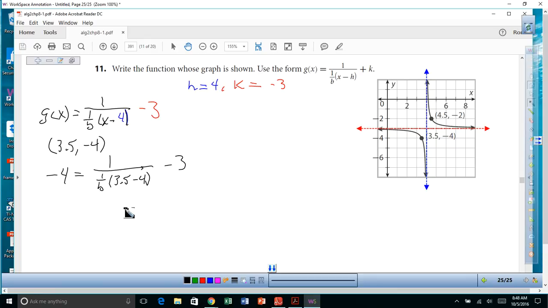Add 3 to both sides. I got negative 1 equals 1 over b, and that's going to be negative 1/2. Multiply both sides by that, and I've got negative 1 times 1 over b times negative 1/2 equals 1.